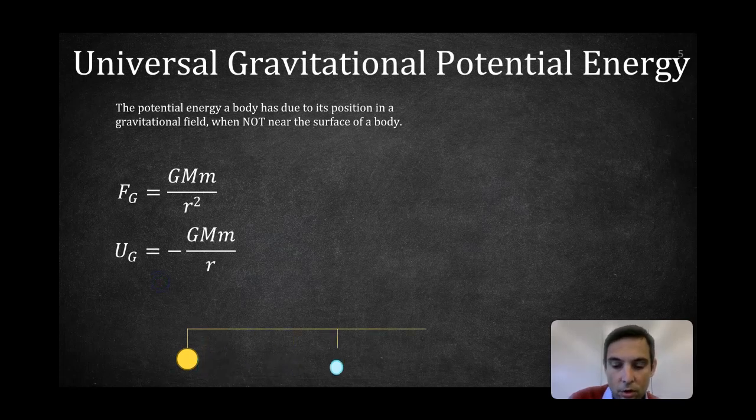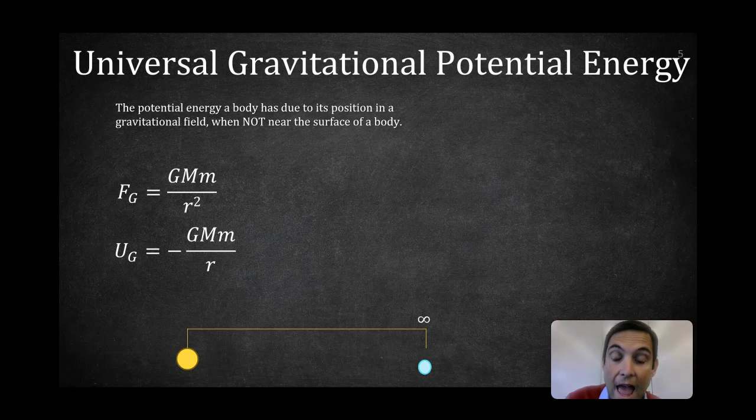If we take that smaller blue planet and we move it away to where gravity no longer acts, remember gravity acts at an infinite range, so we'd have to bring that blue planet to some point infinity. And we could say there's no gravitational force acting at that point, which means it's impossible for work to be done and for that to have any gravitational potential energy.